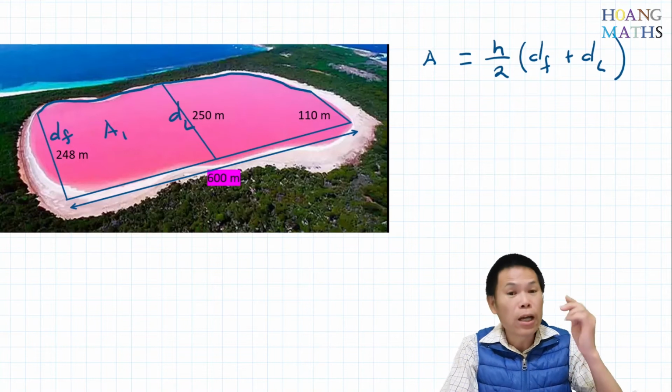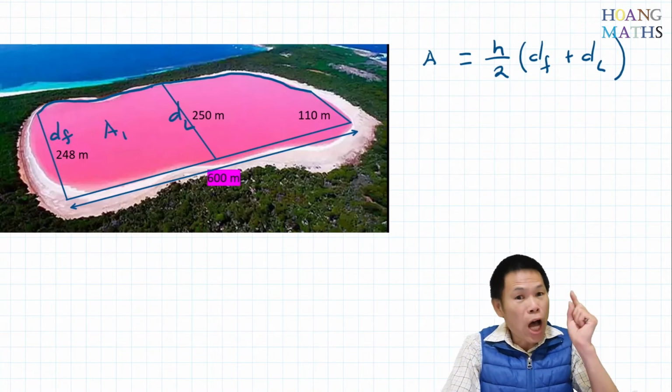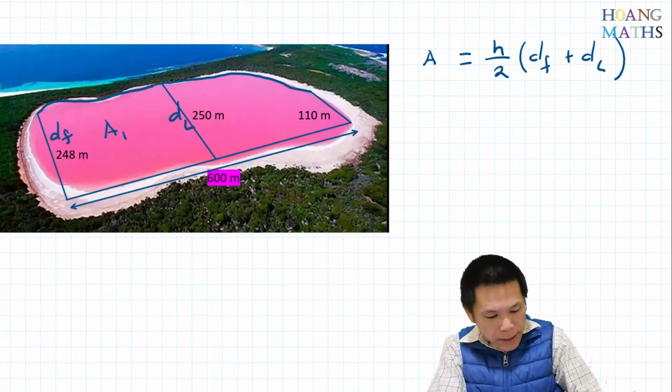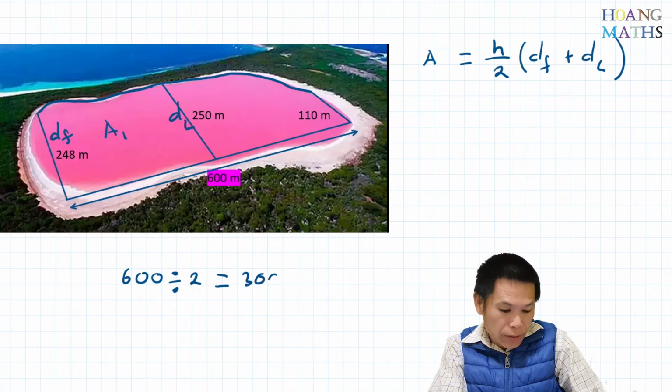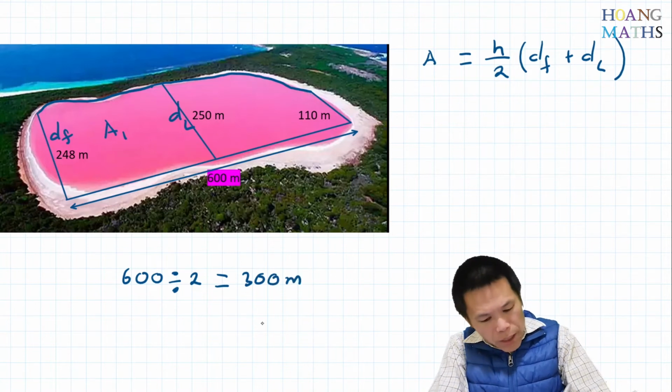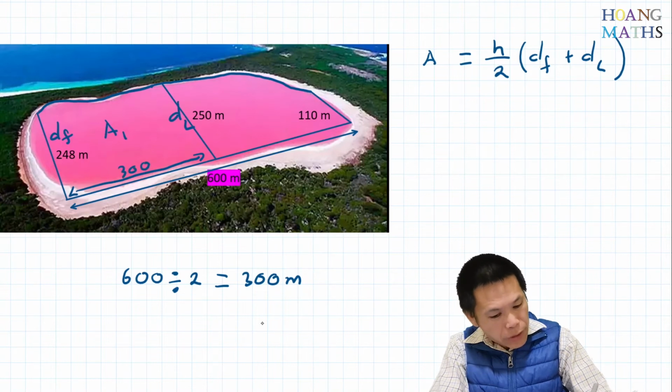So we know that the width of the strip, or the height if you like, is 600. So divide by 2. That will give me 300 meters. So that means from here to here is 300 meters, and from here to here is 300 meters.